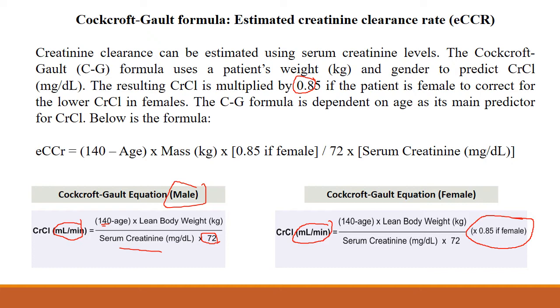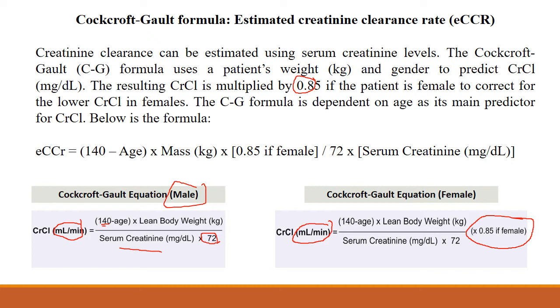So for our female patient, when you are going to use the Cockcroft and Gault equation, it's just the same as our male. Remember again that the units is ml per minute. So 140 minus age times the weight of the patient in kilograms divided by serum creatinine in milligrams per deciliter times 72, and you have to multiply by 0.85 if female.